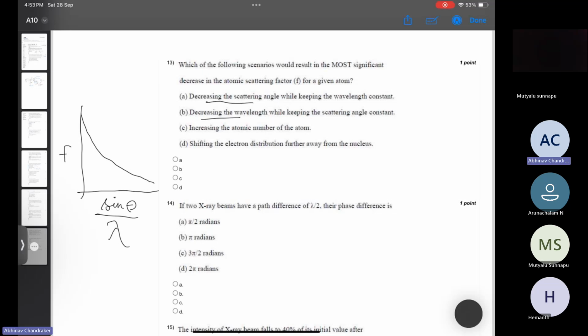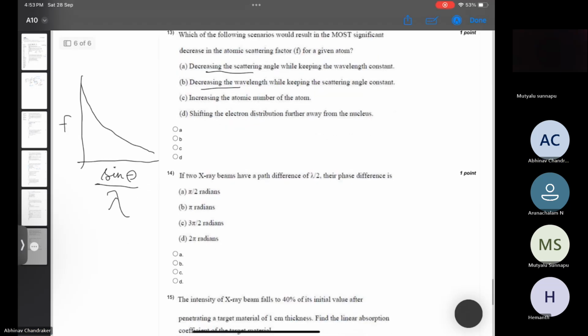As you decrease the scattering angle, the F value will increase. Increasing the atomic number should not have a very significant effect on F. Actually, it will increase F because the Z value is higher. So F will also increase by some amount.